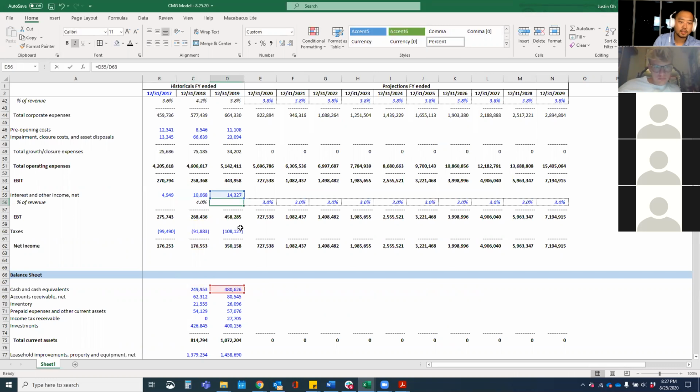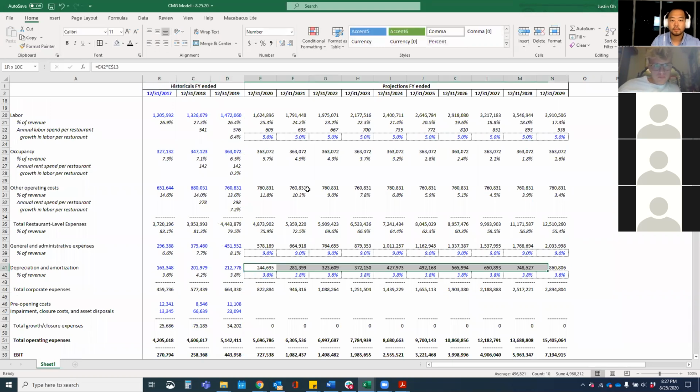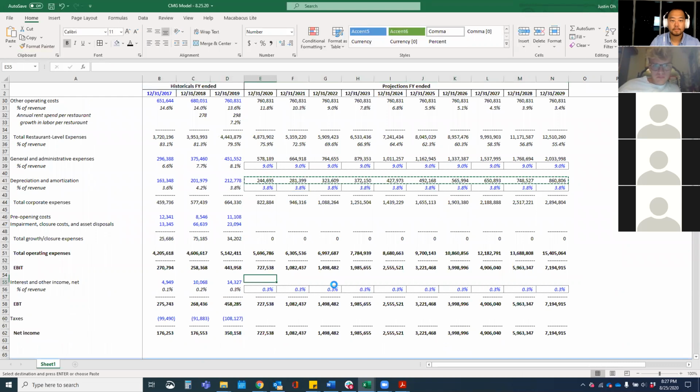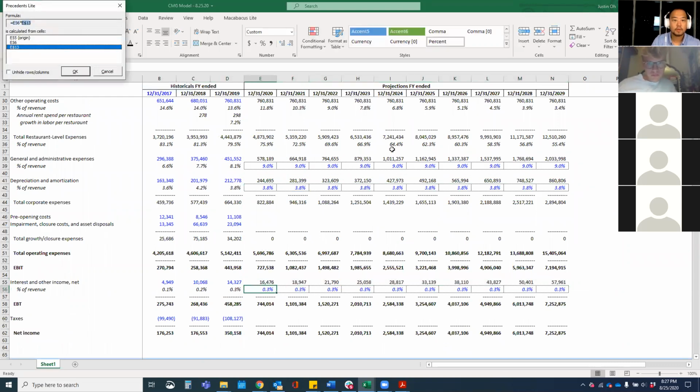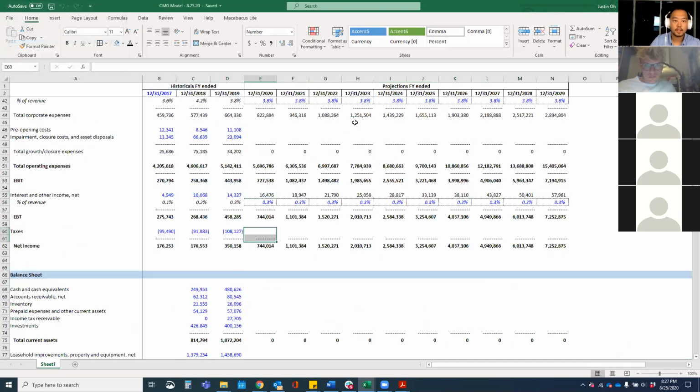And then you also want to look at the historicals. Like, it doesn't really make a lot of sense. I'm just going to do this as a percentage of revenues. Taxes.